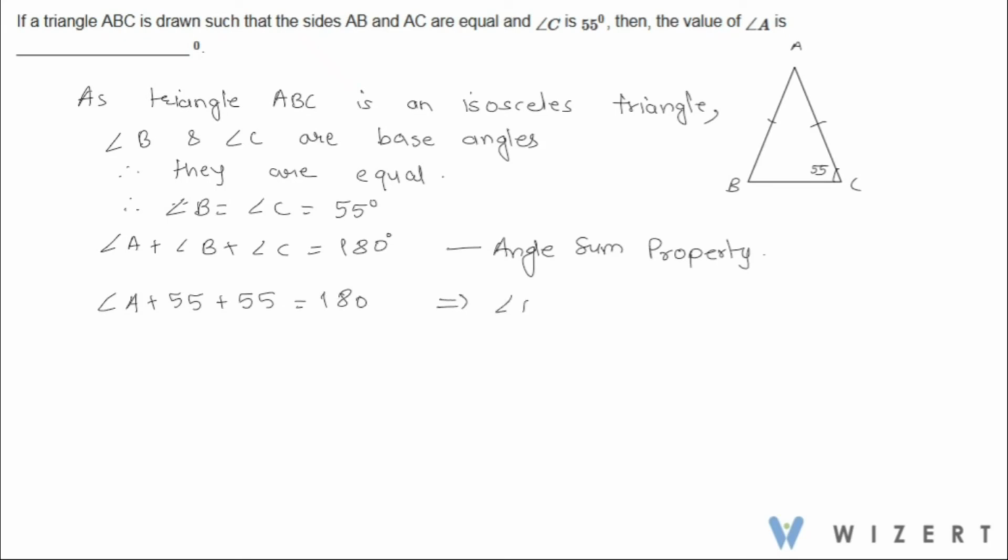Therefore we can say angle A plus 110, since 55 plus 55 is 110, is equal to 180. Therefore we get angle A equal to 180 minus 110, so we have angle A equal to 70 degrees. So this is the answer.